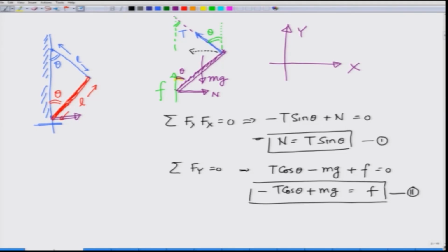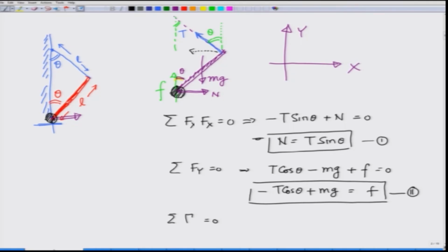And third is that summation of torque about any point is 0. We will take torque about the lower end. So, let me indicate that here on the picture. We will take torque about this end here or this end here. All right.